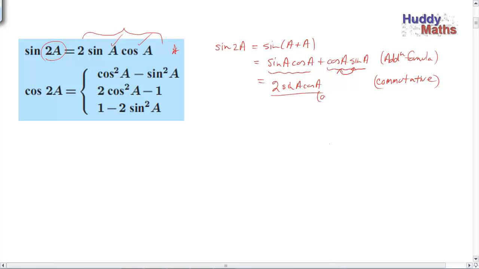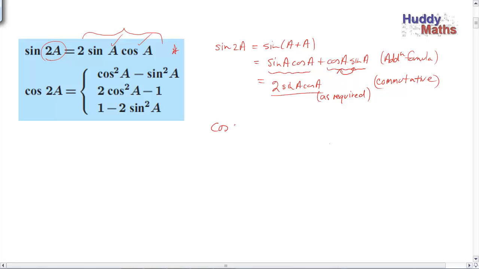Are you feeling powerful? You can actually understand that, and you're not far away from being able to do it yourself and discover new stuff. This is really exciting. All right, now the next challenge is if you can actually change that then to cos 2a. How would you do cos 2a?